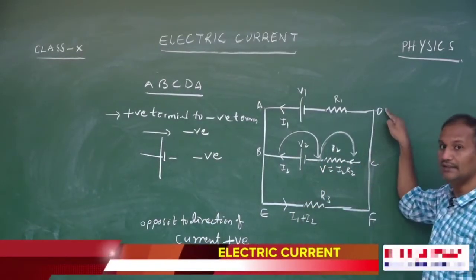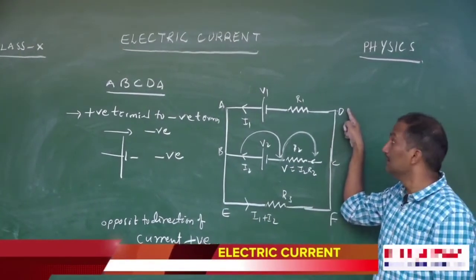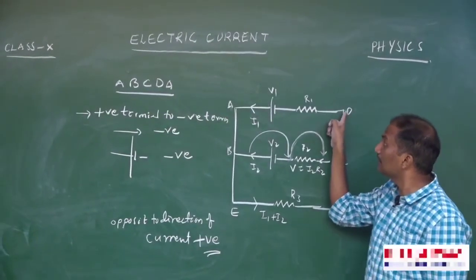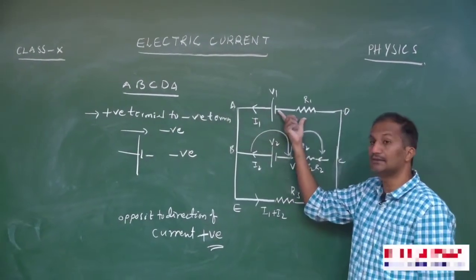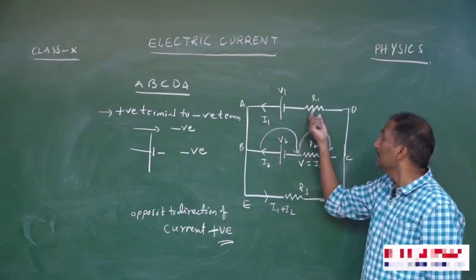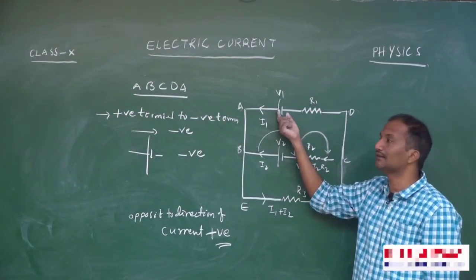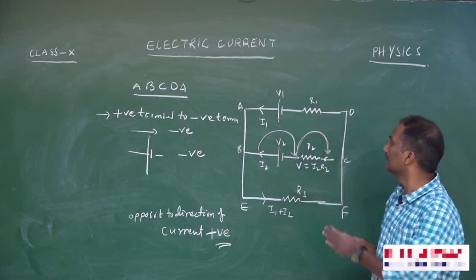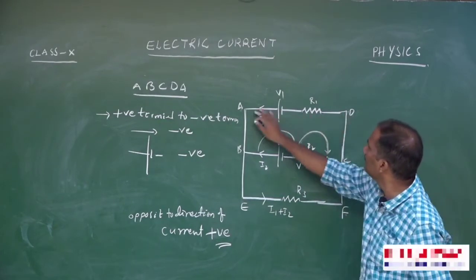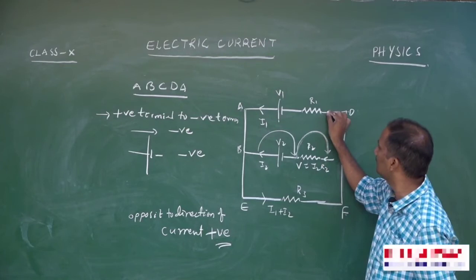From C to D there is no component, but as we are moving from D to A we come across two components: a component whose resistance is R1, and an electric cell. Let us have a look at the resistance R1 first.